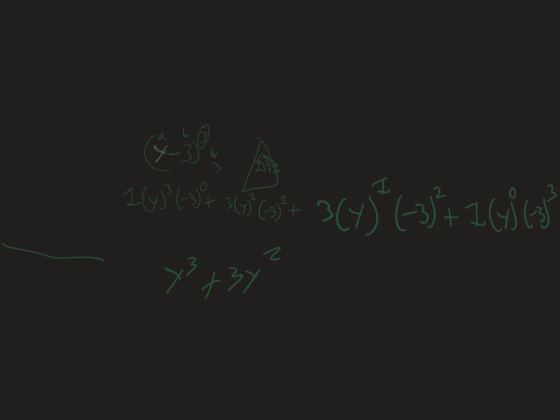Then negative 3 to the power of 1 is minus 3, and you have 3y to the power of 1, so that's just 3y. And then negative 3 to the power of 2 is just going to be plus 9.